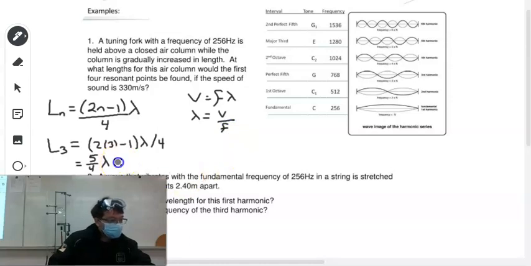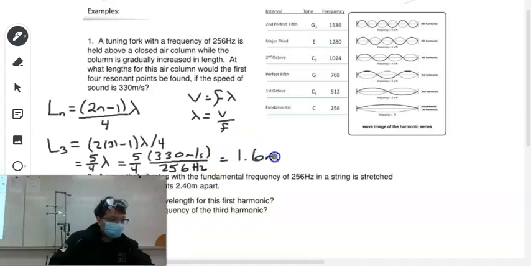I can put that straight into here. So the third resonant length would then be 5/4 times lambda, which is speed over frequency, 330 meters per second, all divided by the frequency, 256 hertz, which is 1.6 meters.